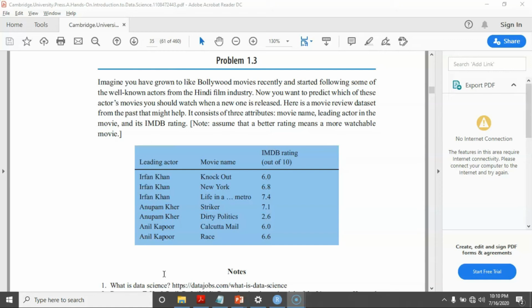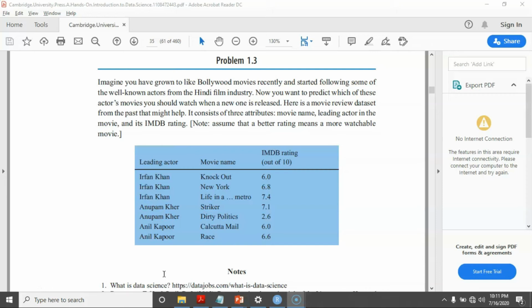This data is not actually available in R, so we have to feed it. But remember, in the last two problems, problem number 1.1 and 1.2, we just had two attributes, but here we have three attributes: the leading actor, the movie name, and the IMDb rating.